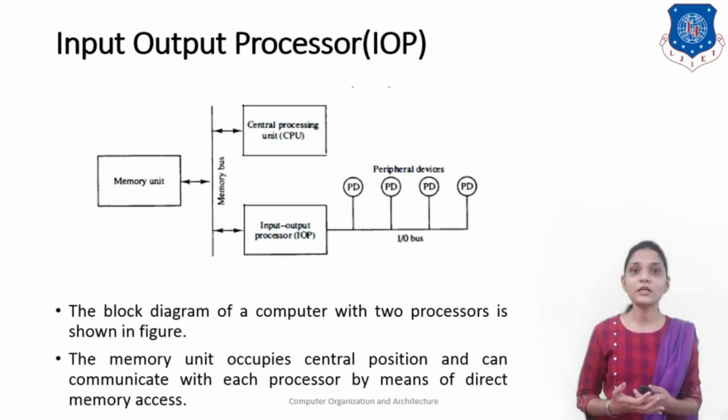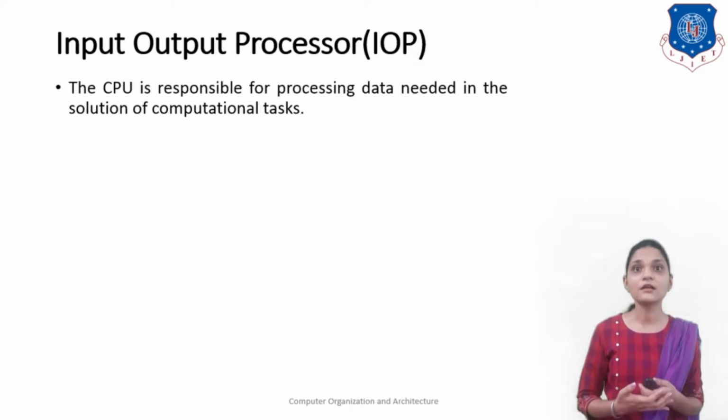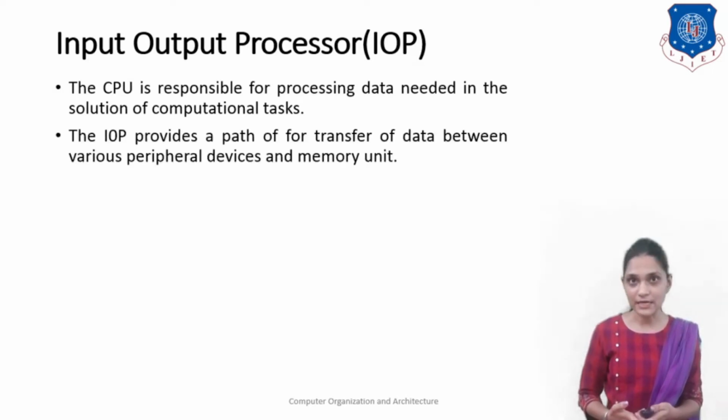The memory unit occupies the central position and it can communicate with the processor by means of direct memory access. Second, the CPU is responsible for processing the data needed in the solution of the computational task. The IOP provides the path for the transfer of data between various peripheral devices and the memory unit.